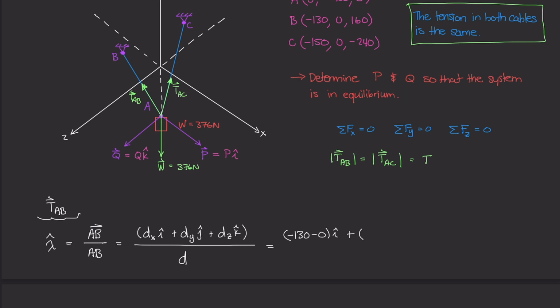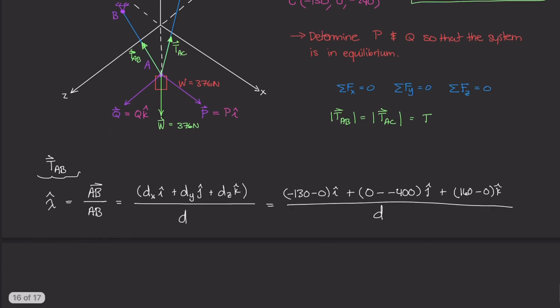So end was point B, which was 0, minus our starting value, which was negative 400, and that is in the j direction. Okay, awesome. How about lastly dz? Again, that's just the ending z minus the starting z. So that is going to be 160 minus 0 in the k direction. And this is all going to be over d.